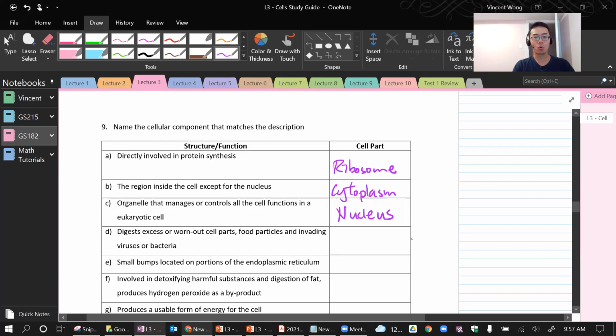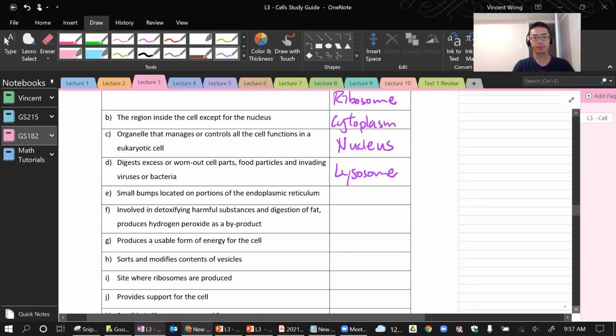Digest excess or worn out cell parts, food particles, or invading virus or bacteria, that would be the lysosome. Small bumps located on portions of the endoplasmic reticulum, those would be the ribosomes, which again is needed for protein synthesis.